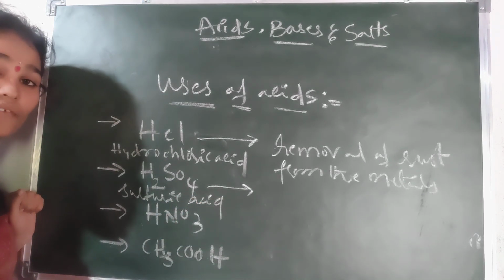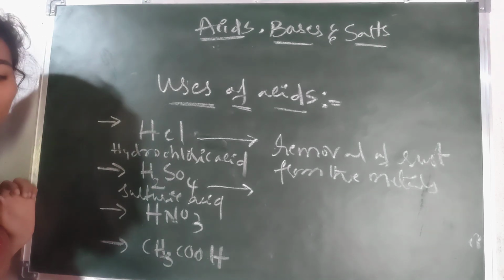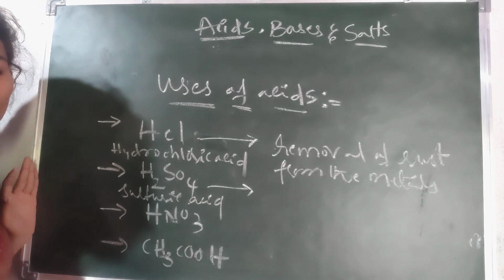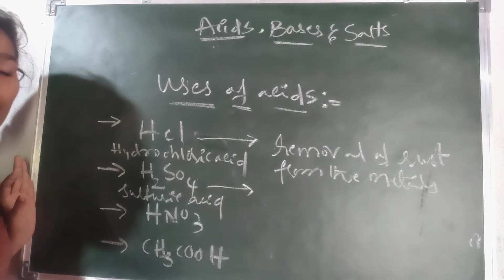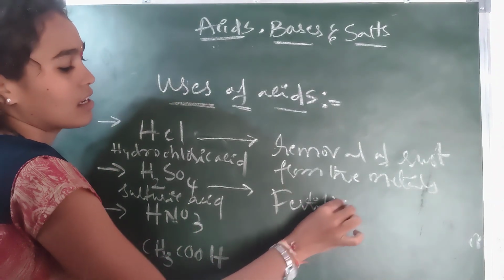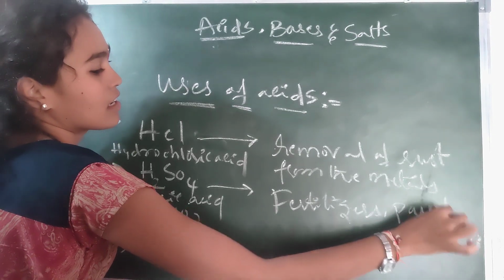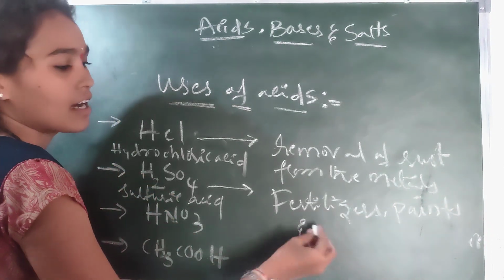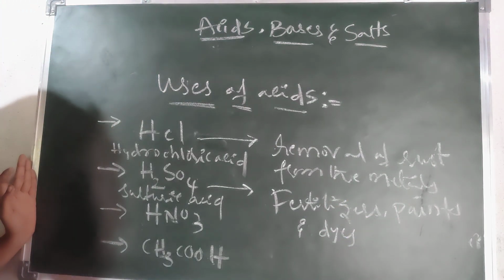Everyone knows sulfuric acid H2SO4 is very corrosive in nature. Its uses are the preparation of fertilizers, paints, and dyes. These are the commonly observed uses of sulfuric acid.